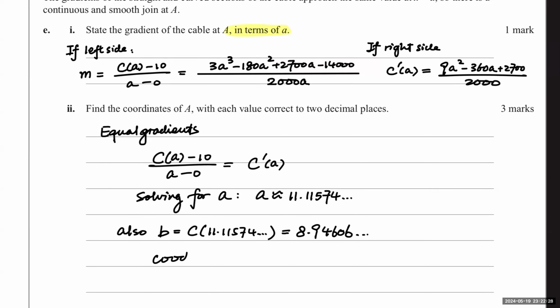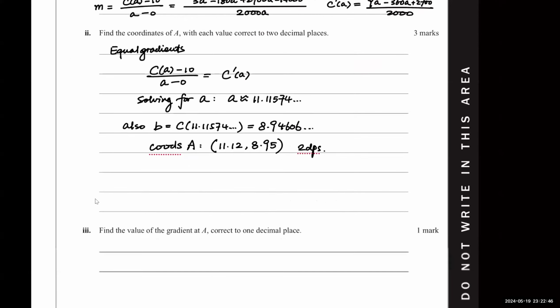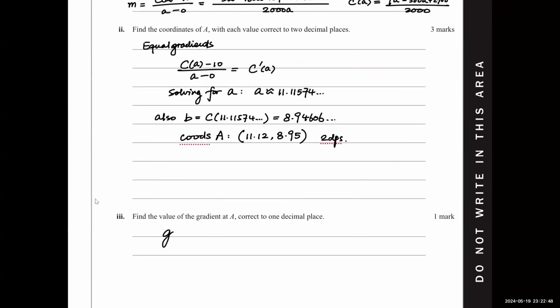So the coordinates of A, sorry, is 11.12, 8.95, etc. Okay, 2 decimal places. All right, and now for the last part, gradient equals C dash 11.11574.